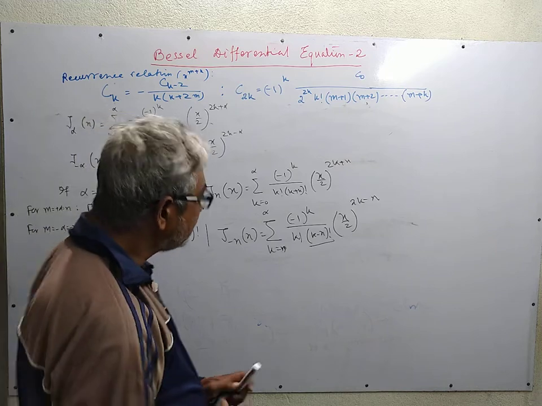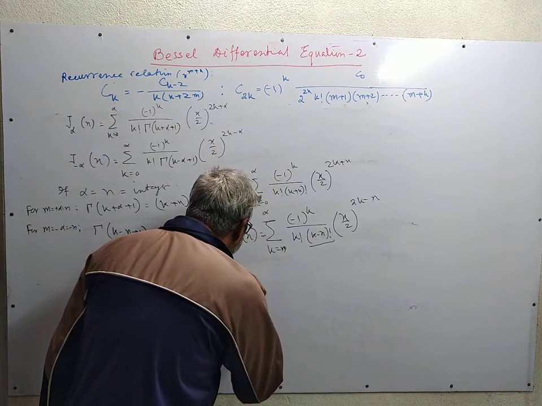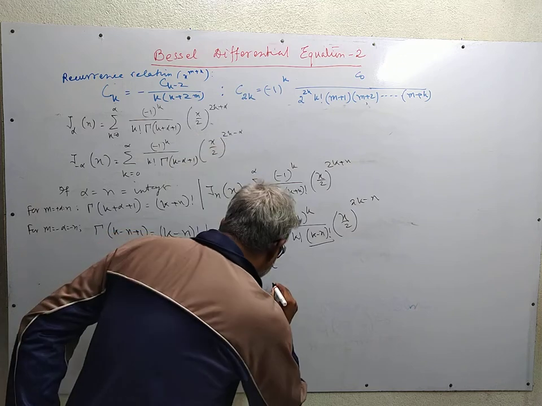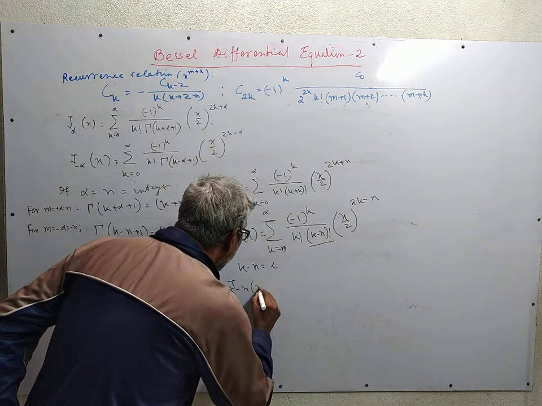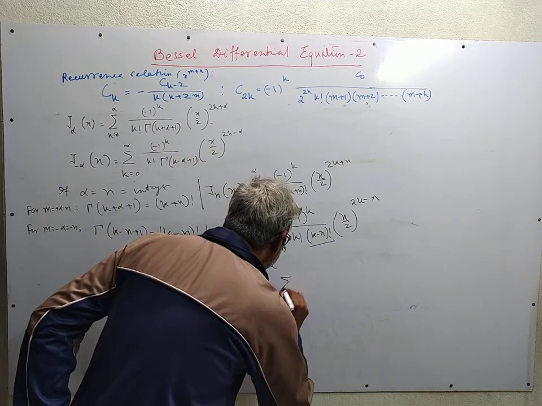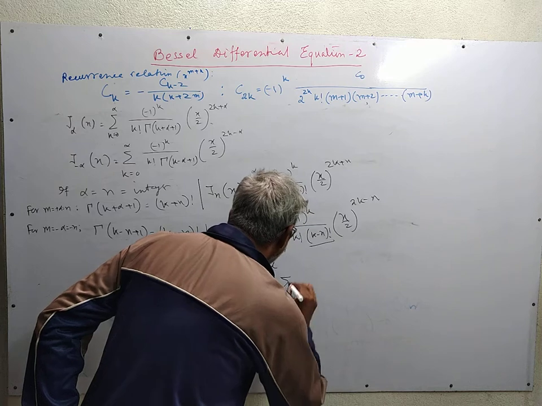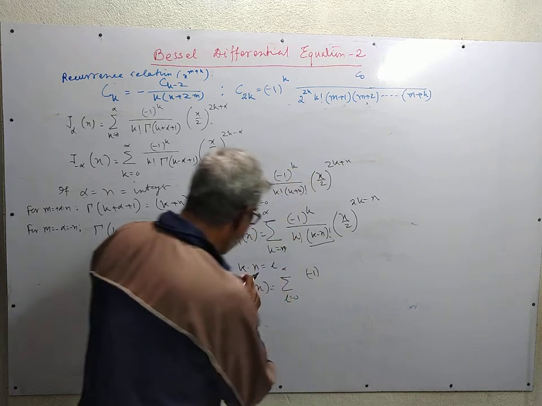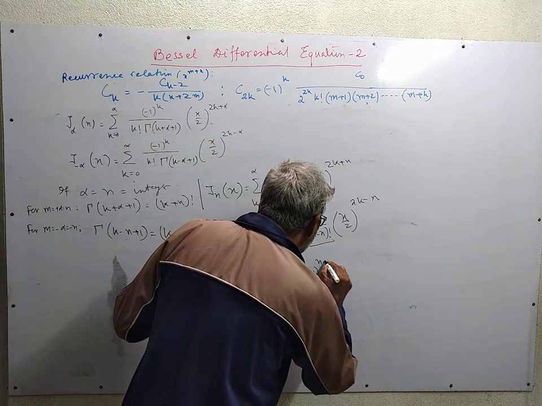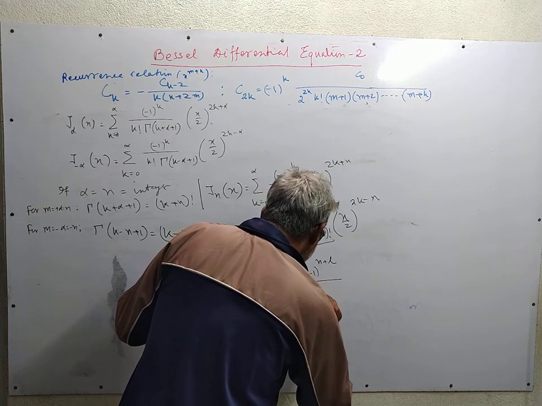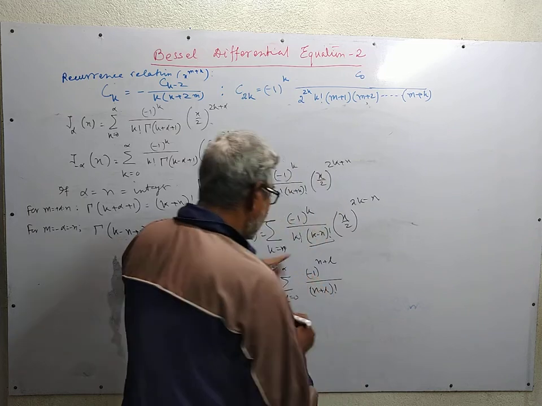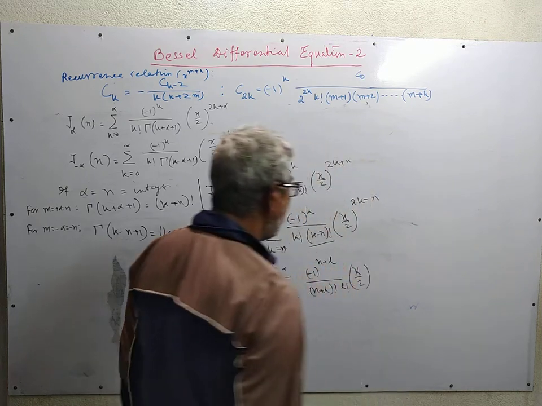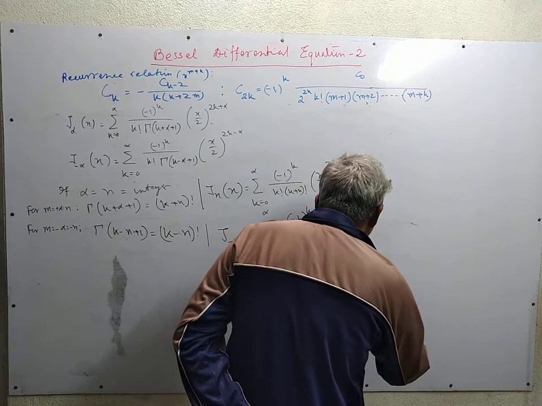So we rewrite it with k minus n is equal to L, in which case J of minus n of x can be written as summation over L is equal to 0 to infinity of minus 1 to the power k, where k is equal to n plus L, over n plus L factorial and L factorial, x by 2 to the power 2L plus n.